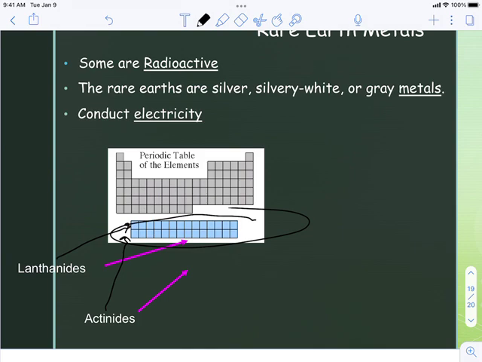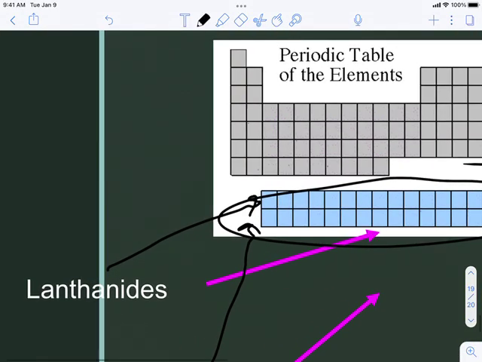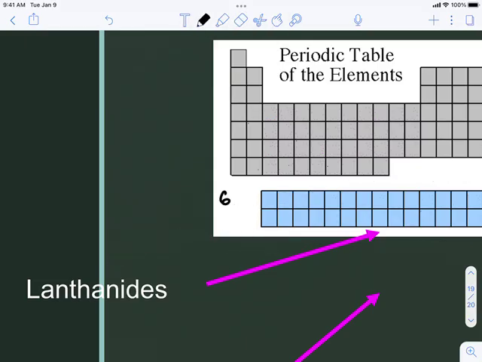Remember though, these two periods are not separate from the periodic table. We just draw them separated. So the lanthanides are actually period 6, and the actinides are actually period 7. So they actually get inserted up here.